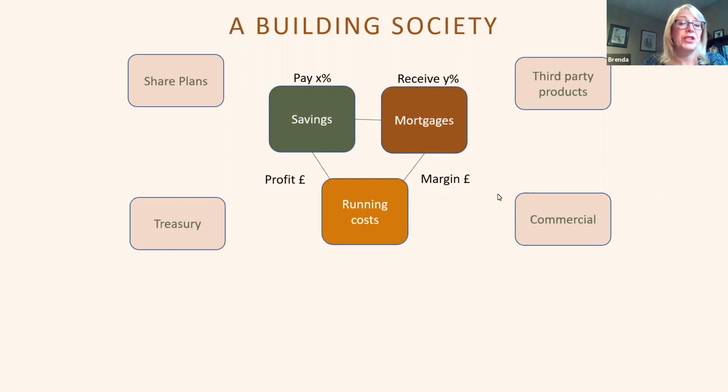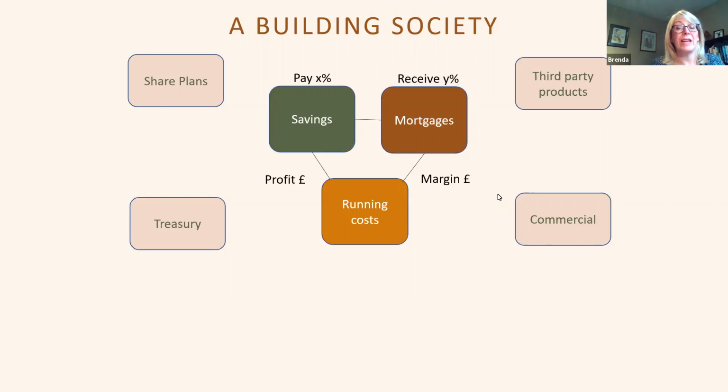There was a treasury function. If we couldn't get savings from retail people, we had to get that money from the wholesale markets. There were third-party products like life insurance and home insurance, where we didn't sell our own products, but we got fee income and commission for selling other people's products.